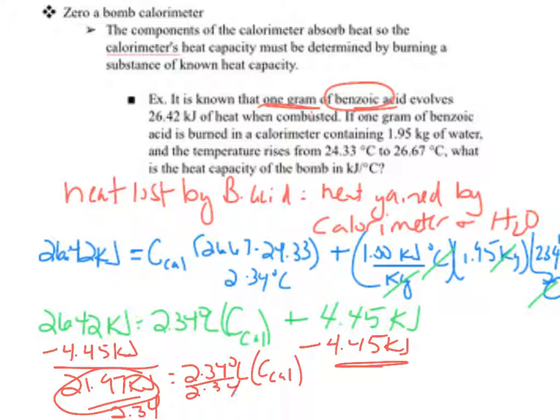And again, if you don't need to show all these algebra steps, that's fine. I just wanted to show you all of it. And that gives us a final value of the heat capacity of the calorimeter is 9.39 kilojoules per degree Celsius. So that means for every degree Celsius that it changes, you have to put 9.39 kilojoules into it.